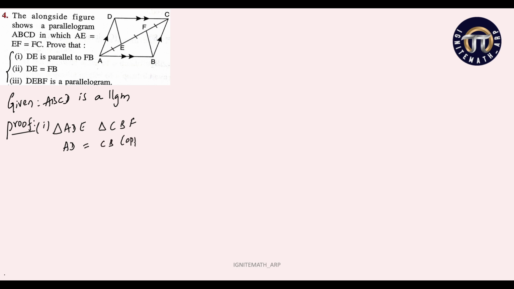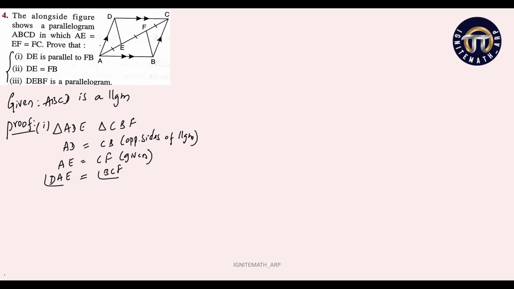They are nothing but opposite sides of the parallelogram. Then I can say that AE is equal to CF, that is your data, and angle DAE is equal to angle BCF.